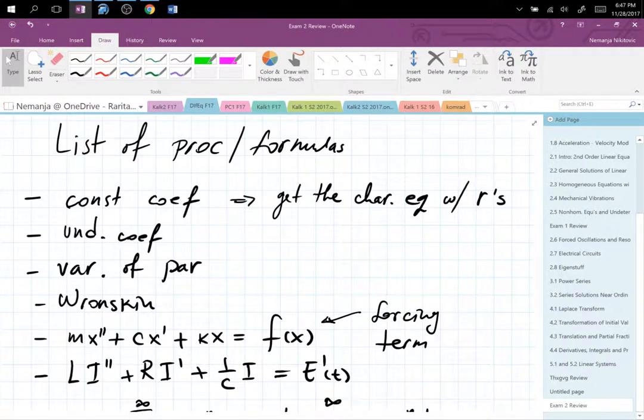So, translation. Translation means moving things left and right. But when you move things left and right in the frequency domain, what happens in the time domain, the t domain, is you are multiplying by e to the at.